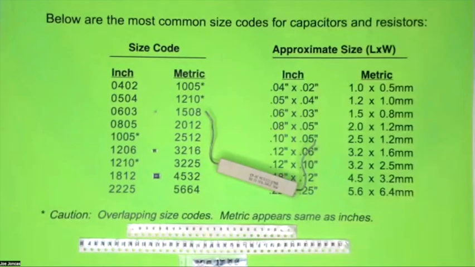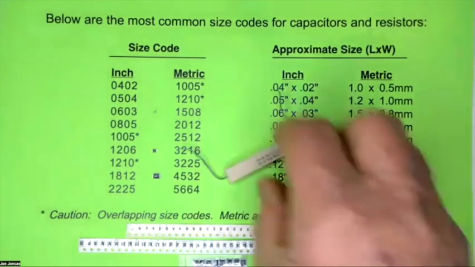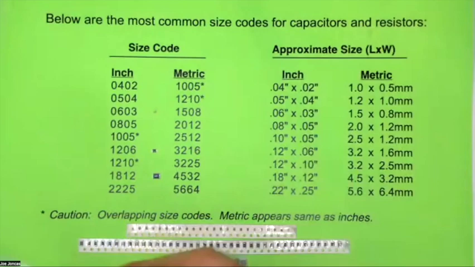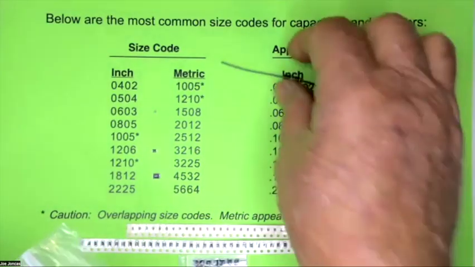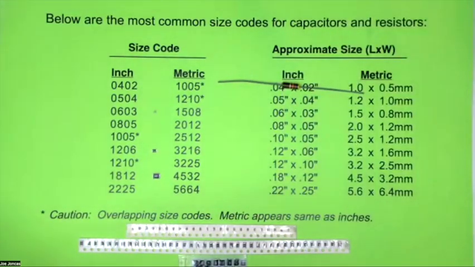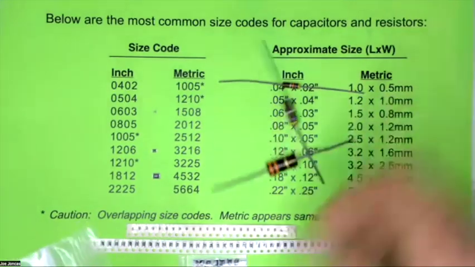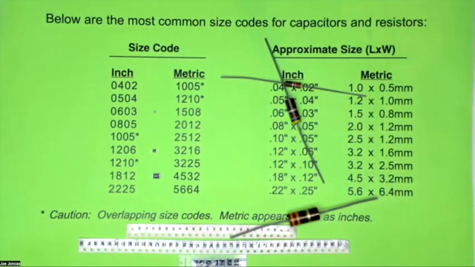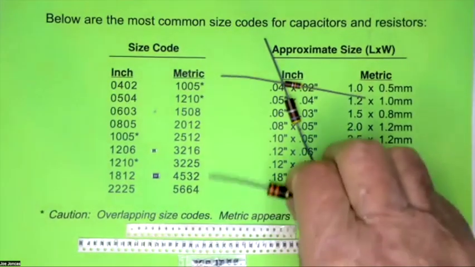The one thing I didn't get out was my resistors. Now the resistors that I showed that are on this page are called surface mount resistors. In our old stuff, we used to use these kind of resistors.